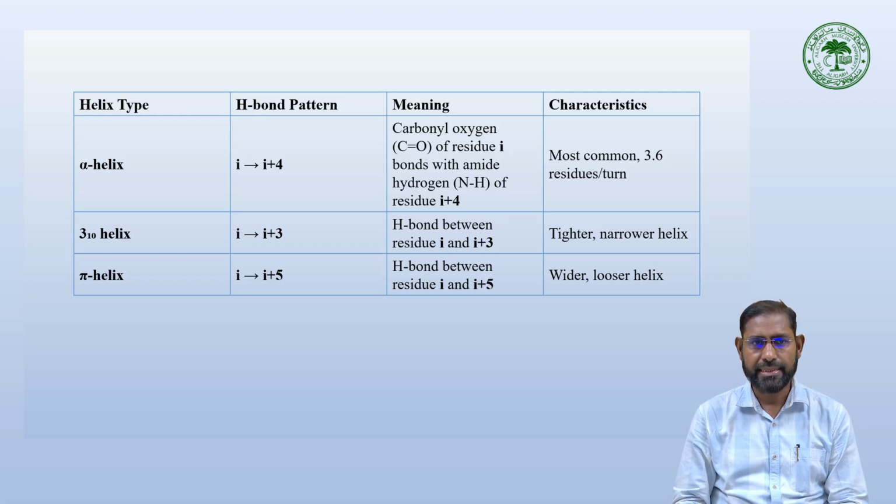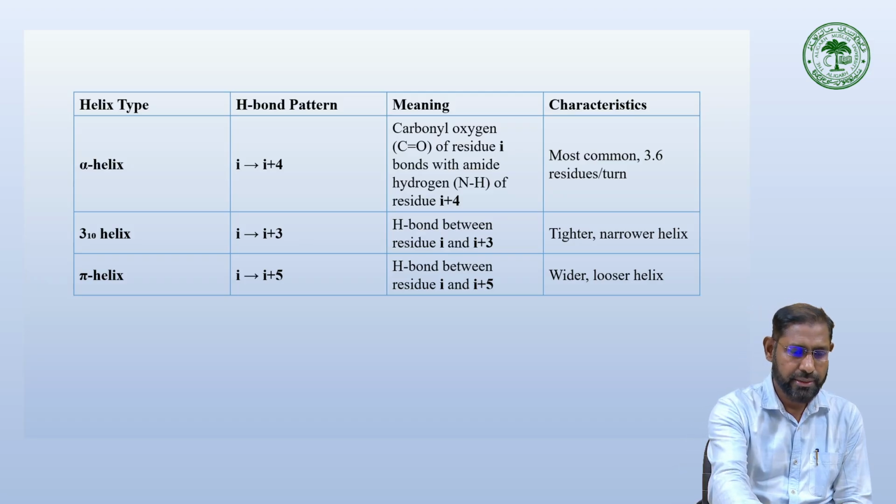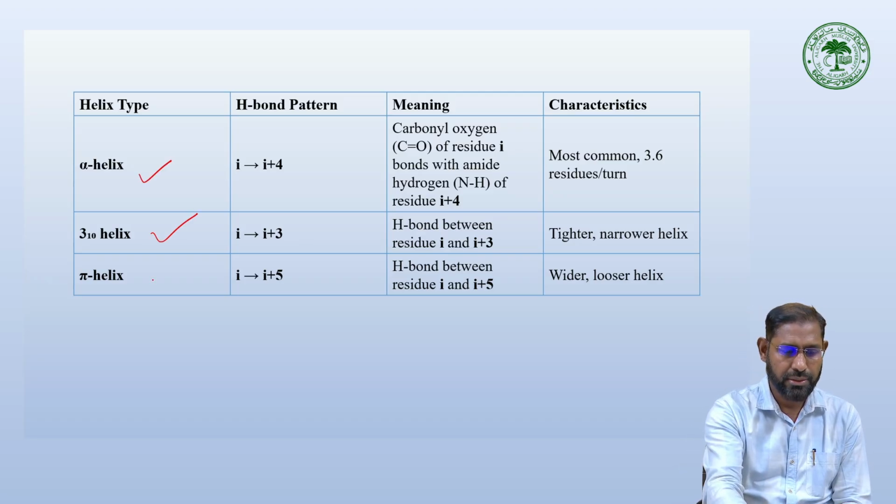Now to helix types. There are three main helix types: the alpha helix, the 3-10 helix, and the pi helix.